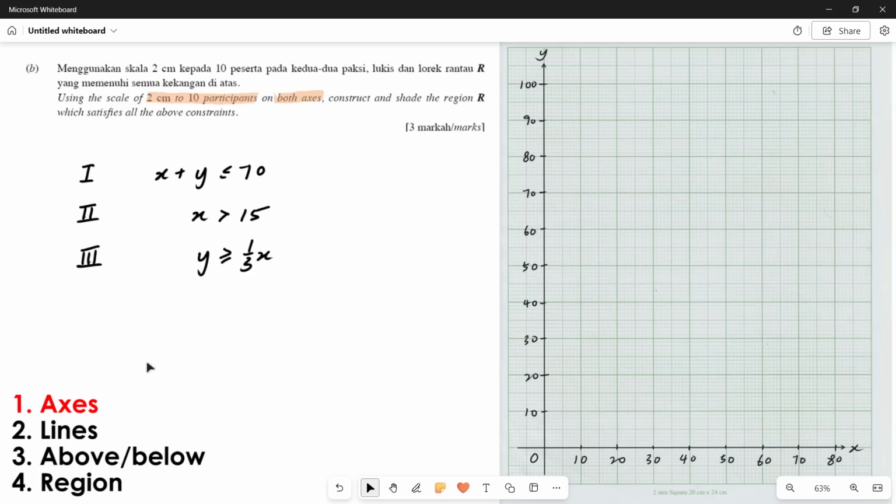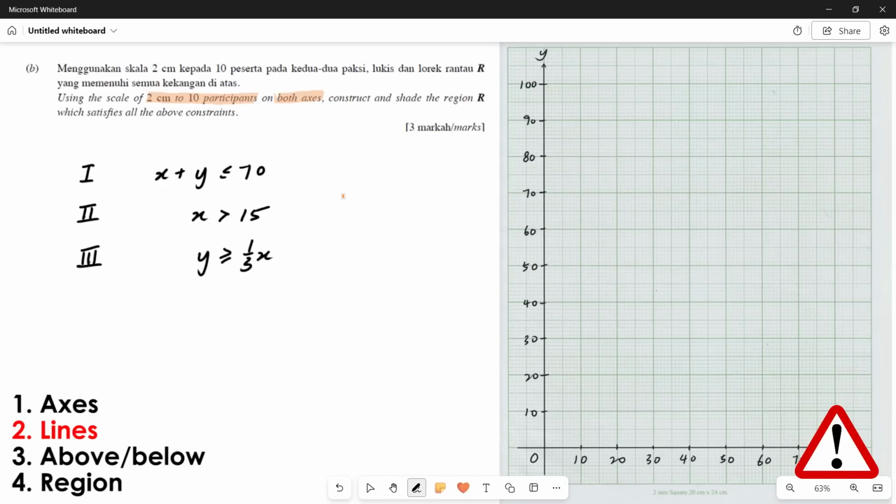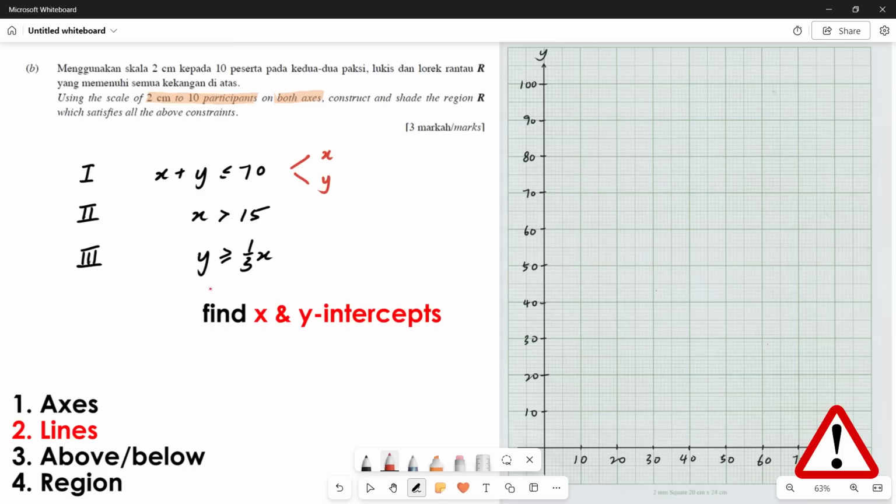Okay, and now we can go to the second section, which is the lines. So meaning we are going to draw these inequalities onto the graph here. So the easiest way to draw the lines is to find out the x-intercept and the y-intercept. Okay, so here for the first inequality, to find out the x-intercept, we are going to put y equals to 0 into this inequality here.